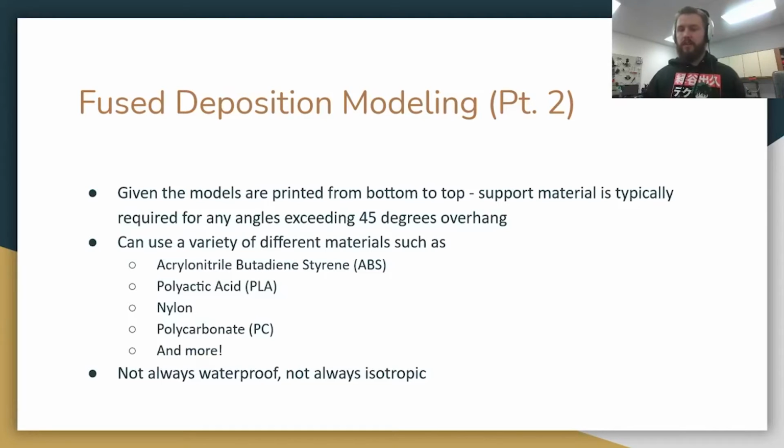Fused deposition modeling also has a wide range of materials that this method supports. Two that we use here are acrylonitrile butadiene styrene, which is ABS, and polylactic acid, PLA, which is the most common, or at least I think it's the most common. There's nylon. You can also print in polycarbonate, and there are more. The list goes on, so I highly recommend asking around in these support groups.